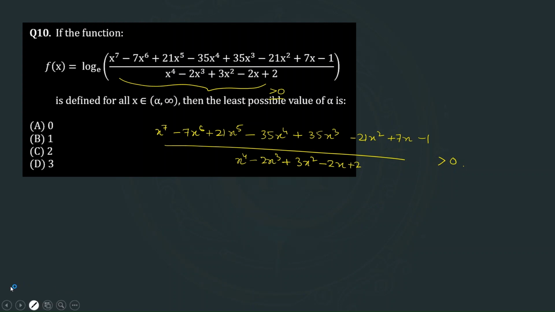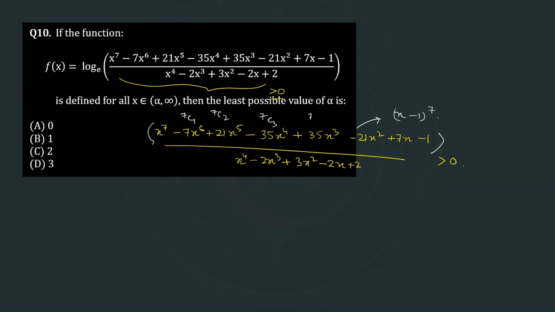Now we have to comment on x. So now we can observe a beautiful thing here, that this whole numerator is nothing but the expansion of x minus 1 whole to the power 7. How? This 7 can be written as 7C1. This 21 can be written as 7C2, which is 7 into 6 divided by 2, which is 21. Then this 35 can be written as 7C3.